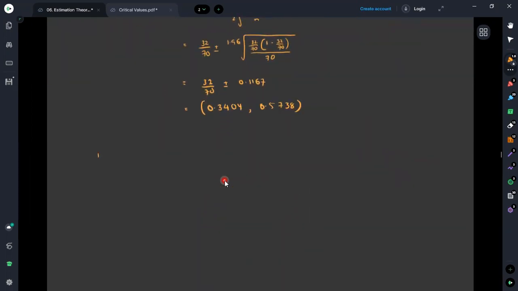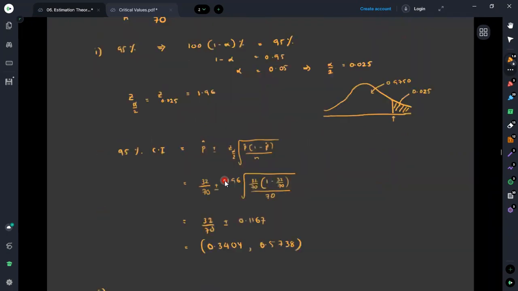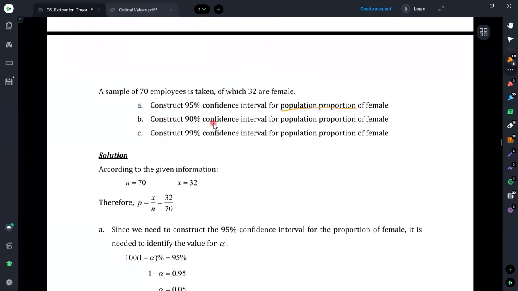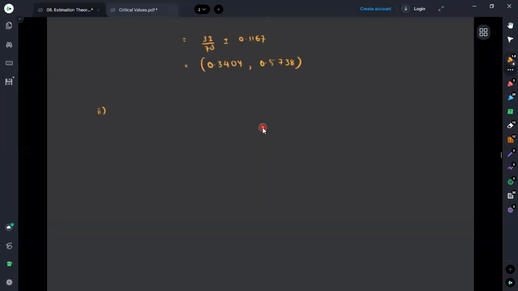In the second part, it is asked to construct the 90% confidence interval. Then we can reuse the same equation, but the only difference would be the value for alpha. What we know is it is 90%, so 1 minus alpha would be equal to 0.90, where alpha is equal to 0.10.